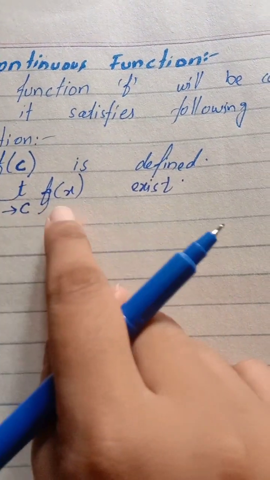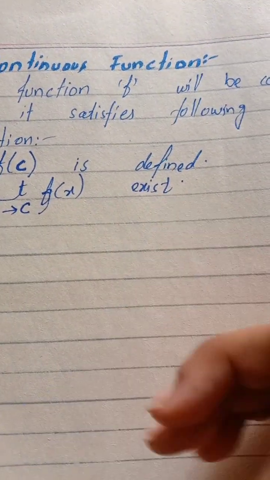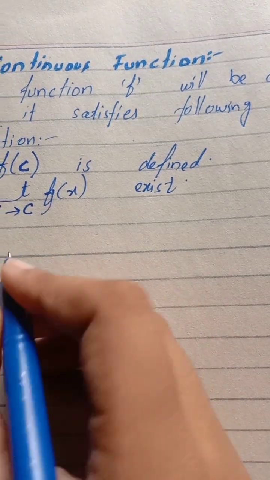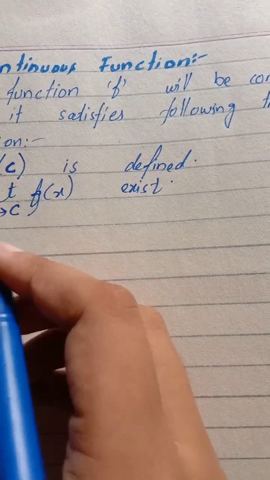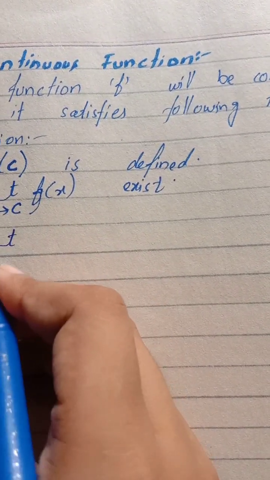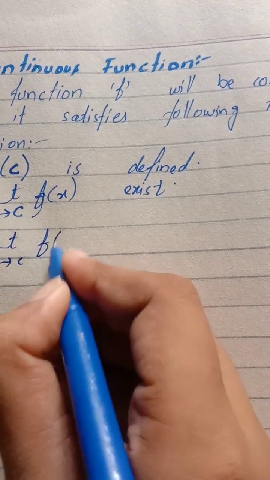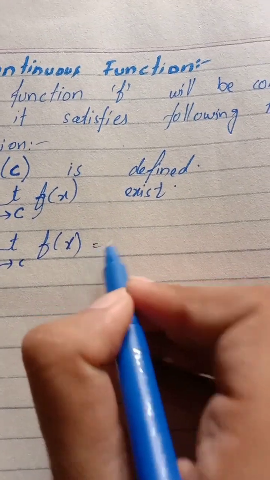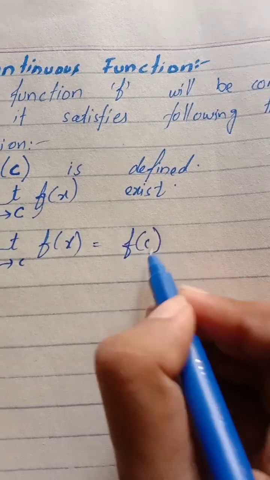The third and necessary condition is that the limit as x approaches c of f of x should be equal to the function value f of c.